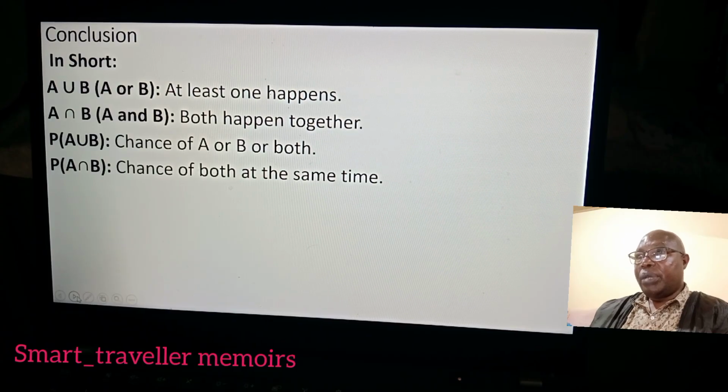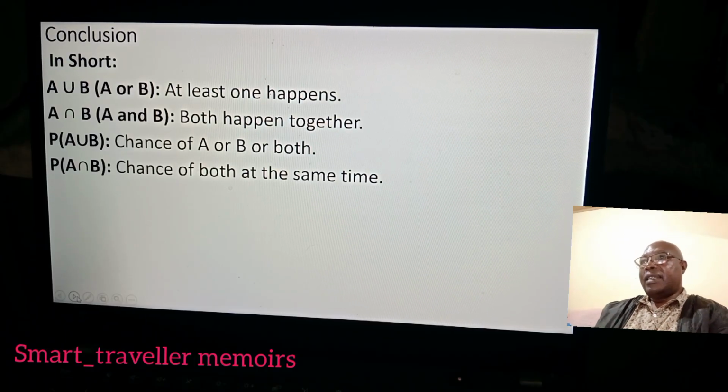A intersection B means A and B, meaning that both happen together. P(A union B) is the chance of A or B or both happening. And P(A intersection B) is the chance of both happening at the same time.